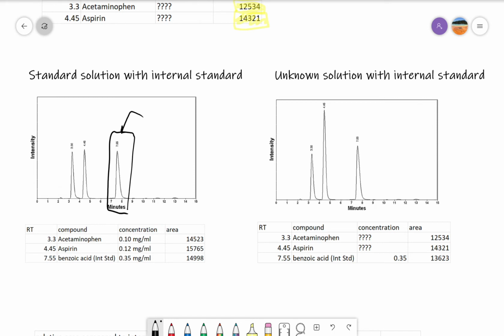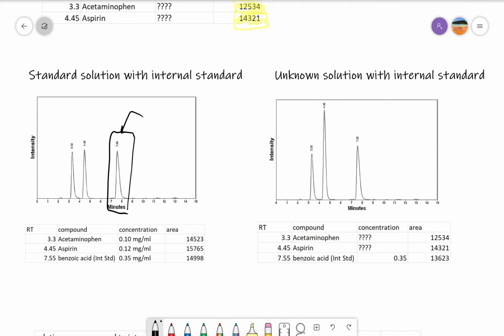If we put that internal standard in at the same concentration, that means that this area should remain constant. If it doesn't remain constant, that means that we have had changes to injection volume or other experimental changes. But we have an internal standard to always compare things to.